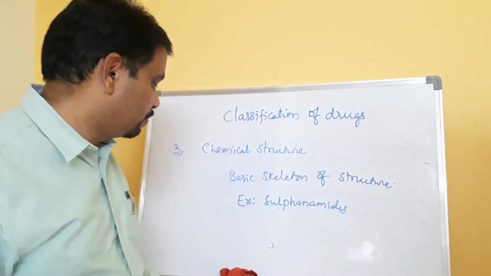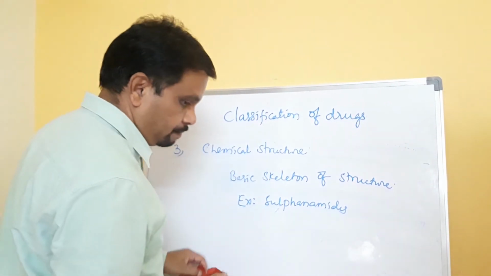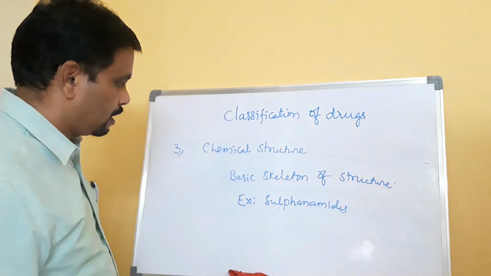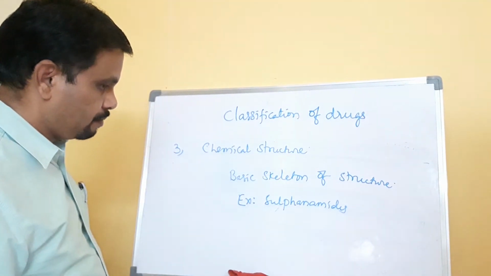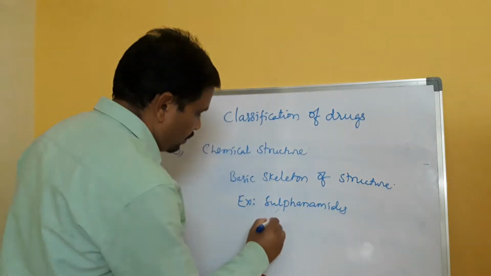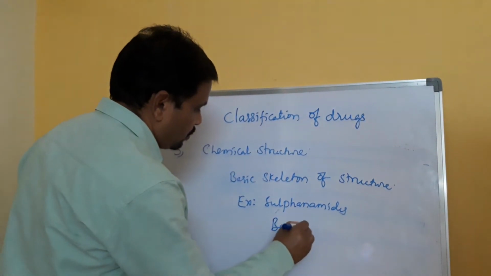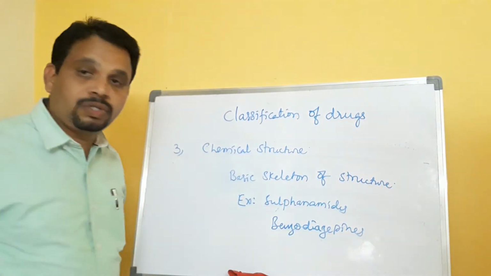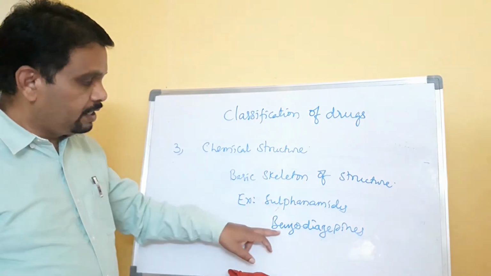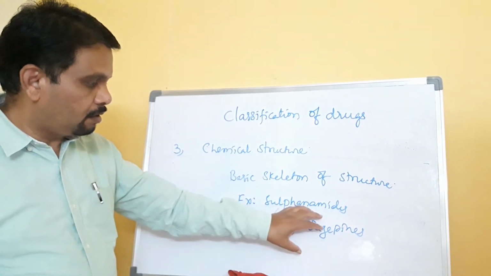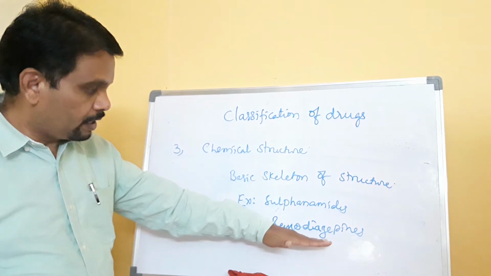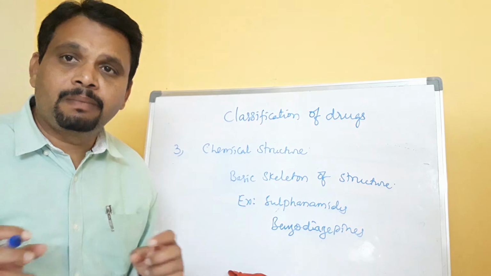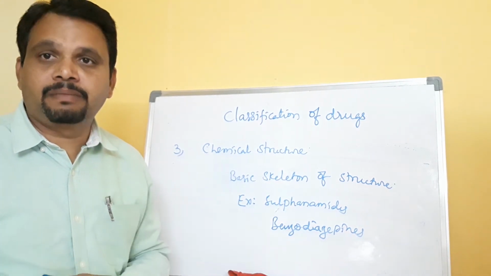Sulfonamides, like, what I can give some more examples. Benzodiazepines. So these kinds of drugs all come under this classification and have the basic skeleton of benzodiazepine chemical structure.